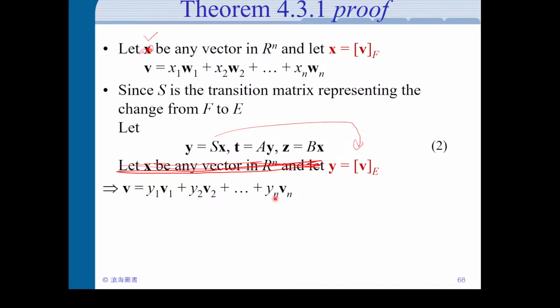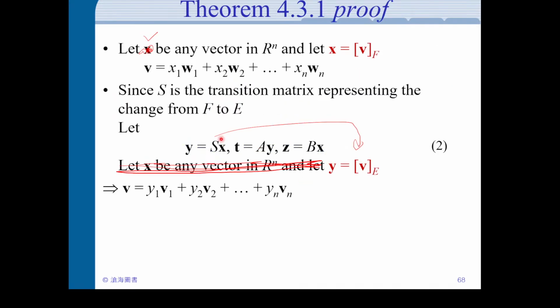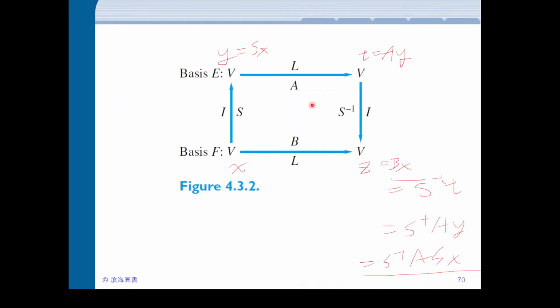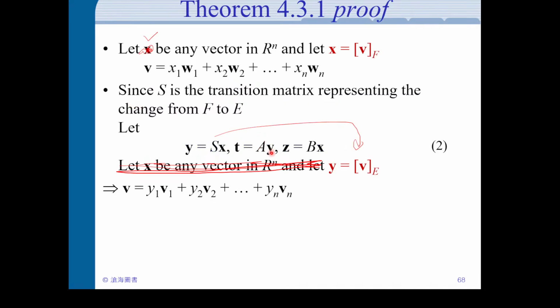And since A is the representation of L with respect to E, we know A y will equal this thing, so t will be equal to L of v with respect to E. And then finally we use z as a transition.